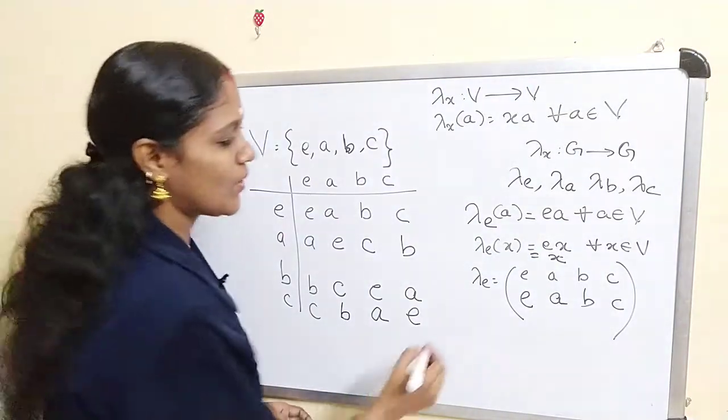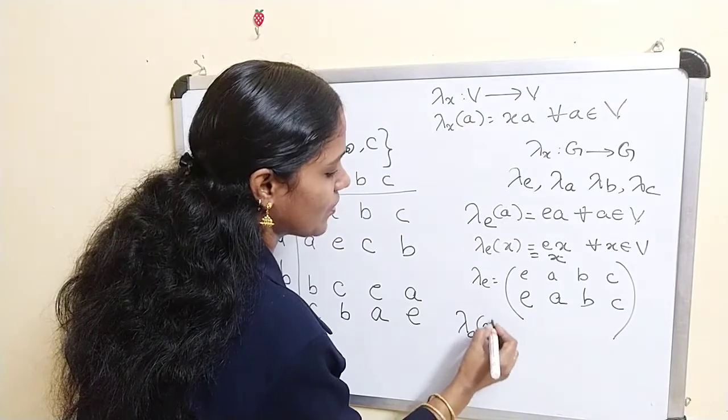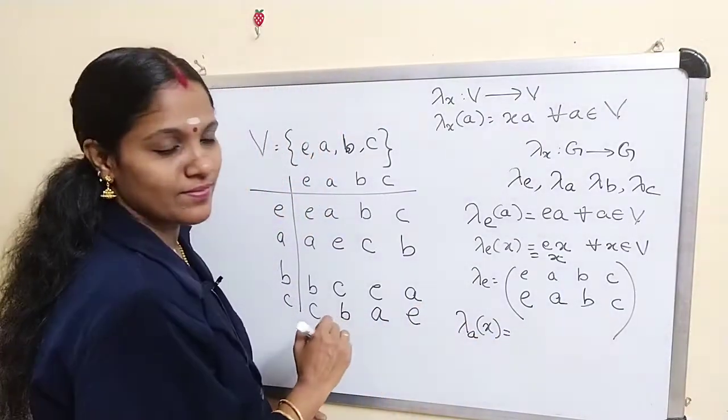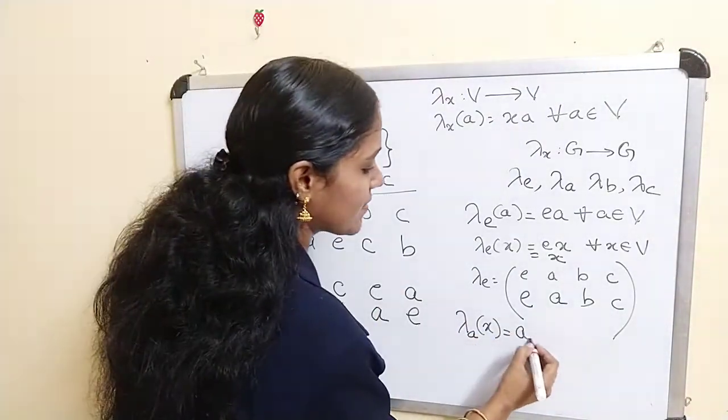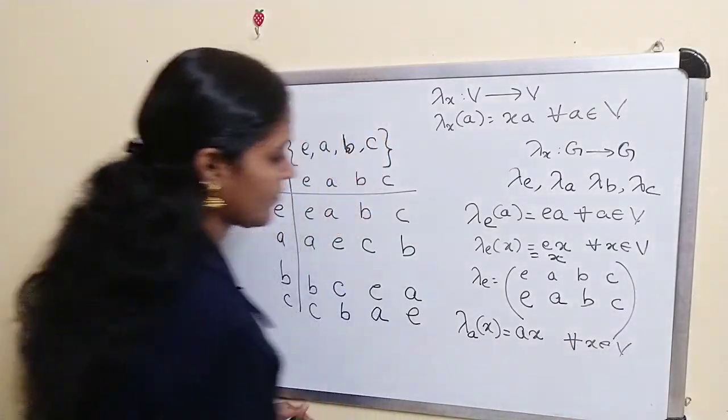Okay. Now what about lambda A? Lambda A of x is equal to Ax for every x belongs to V. Okay.